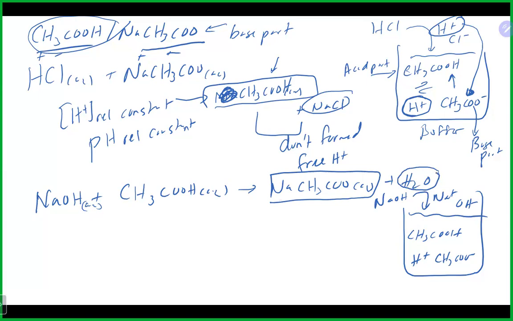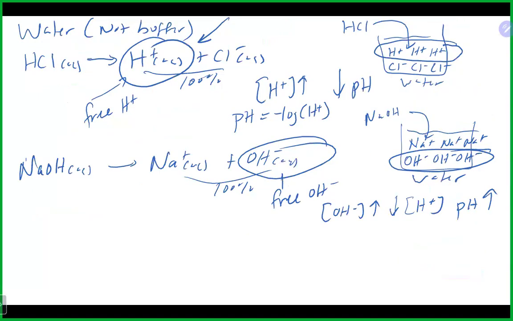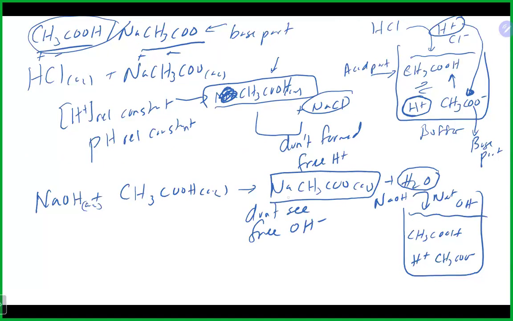But again, it's what we don't see. We don't see free OH- being formed like we did when we looked at it with water. In water, we made a lot of free OH-. Here we don't, and because of that, the OH- concentration will stay relatively constant.